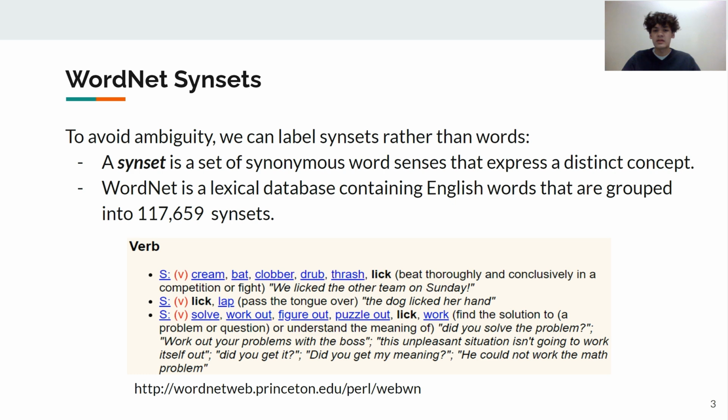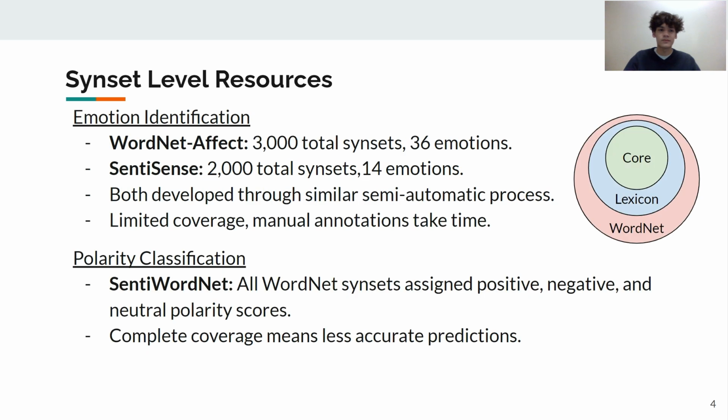Now, this synset contains not only the English word lick, but also the words cream, bat, clobber, drub, and thrash. So rather than trying to ambiguously label all six of these polysemous words, we can instead assign a single label to the synset and say this is a synset that's associated with the emotion of anger, and this is a much clearer way to assign sentiments.